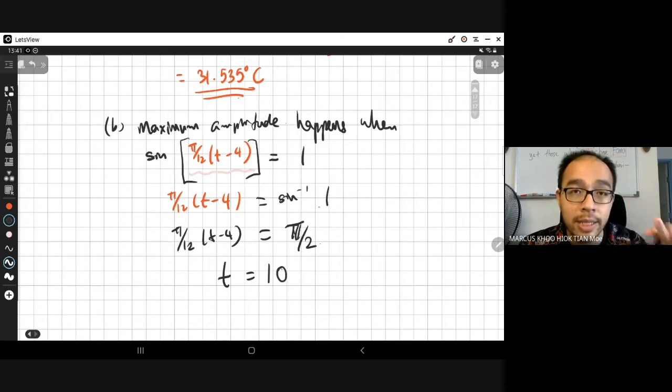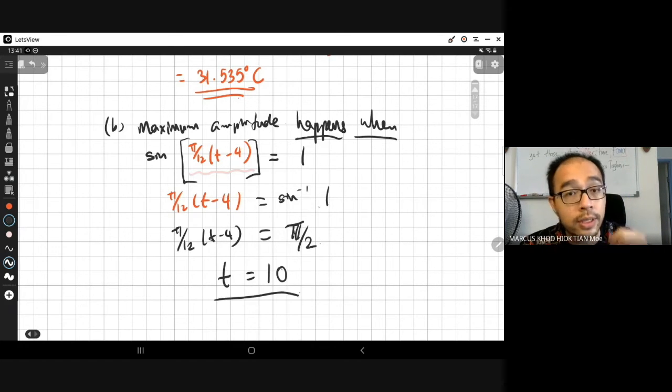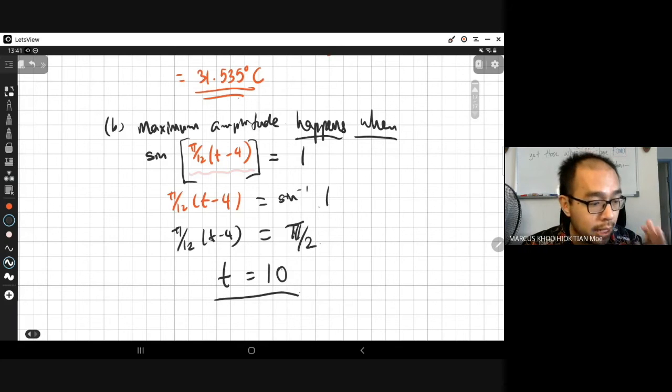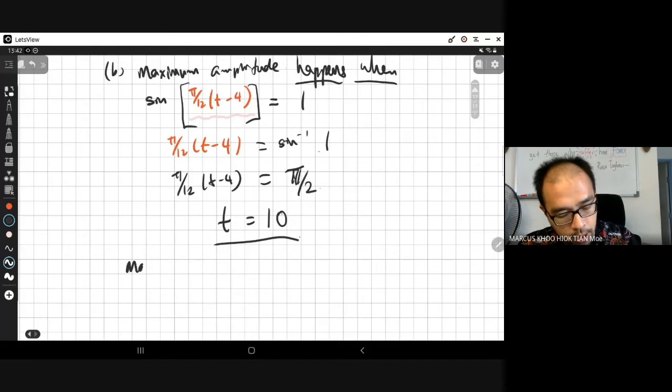So the maximum amplitude happens when t equals 10. Let's calculate the maximum temperature.